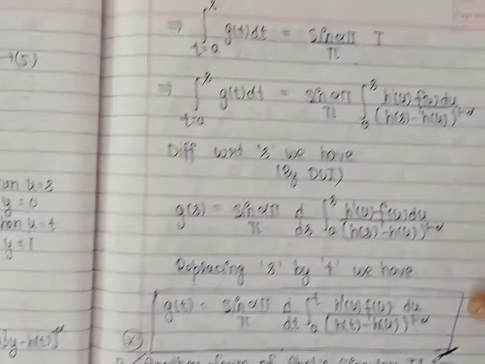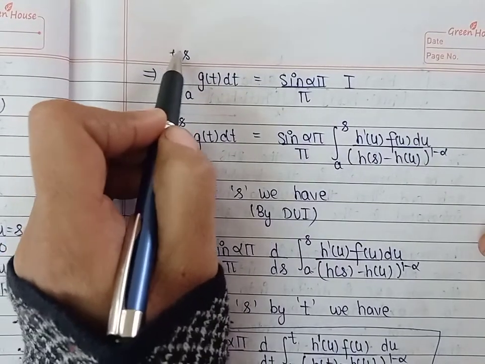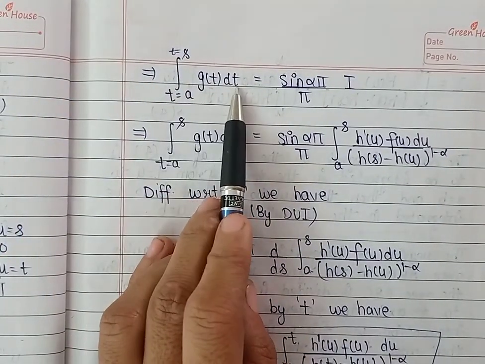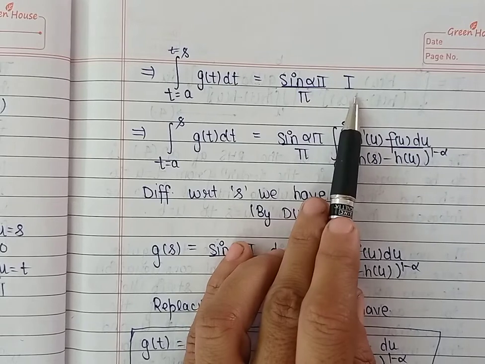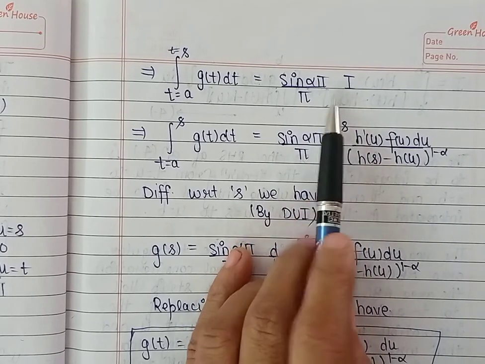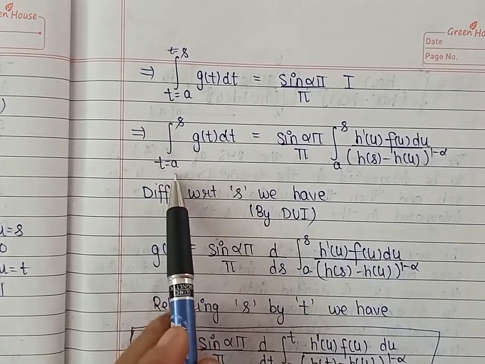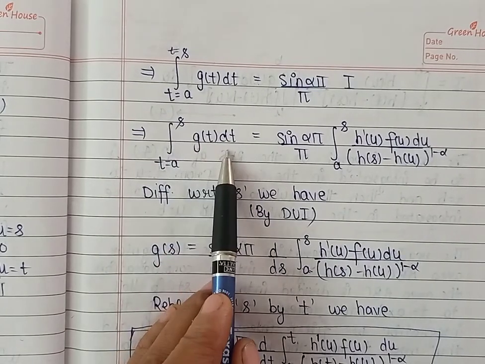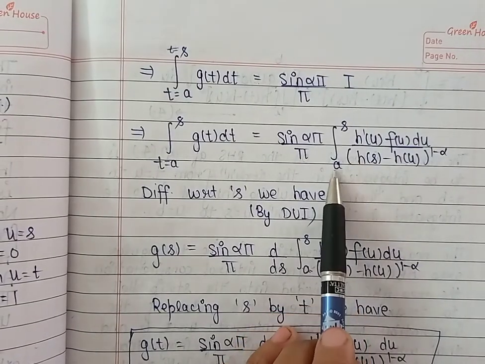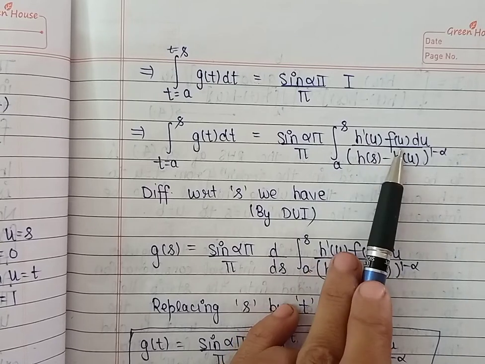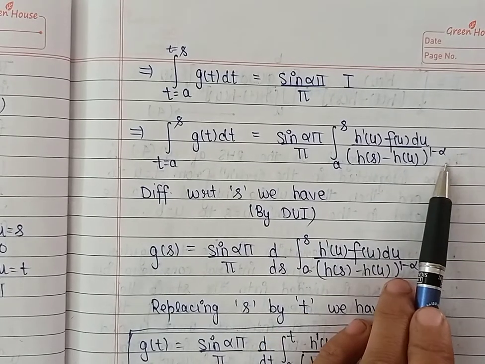So we get the value of the integral from the limits t equal to a to t equal to s of the function g with respect to t, and on the right hand side we have sine(alpha pi) upon pi into the integral I. Now substituting the value of I here, we get the integral from t equal to a to t equal to s of g(t) dt equal to sine(alpha pi) by pi, and the value of integral I is the integral from a to s of h'(u) f(u) divided by (h(s) − h(u)) whole raised to the power 1 minus alpha.